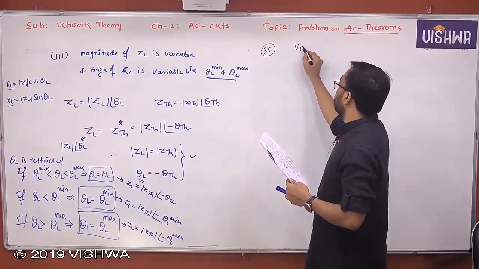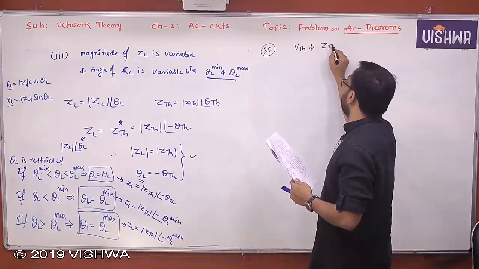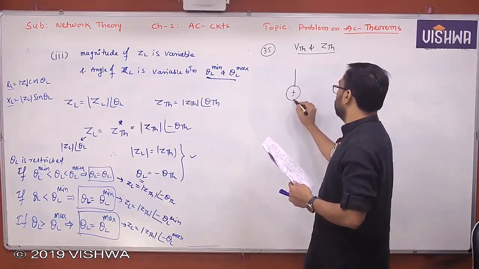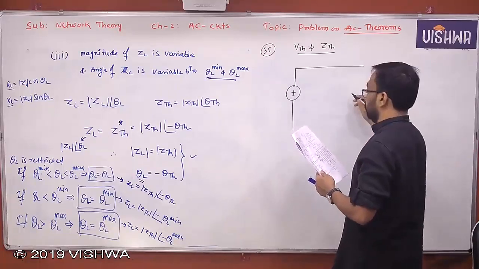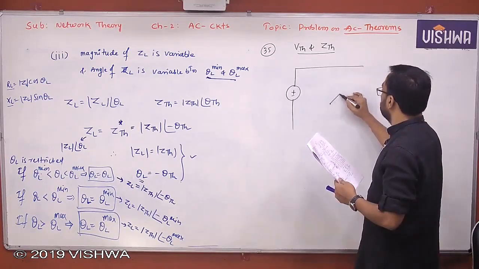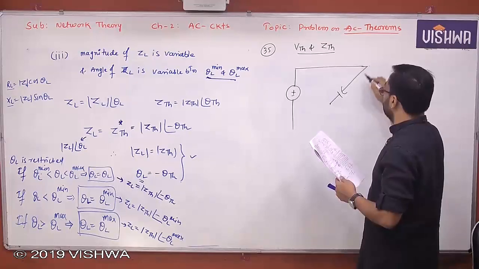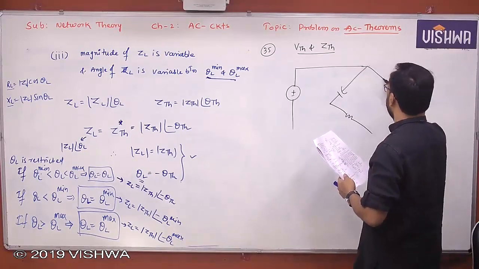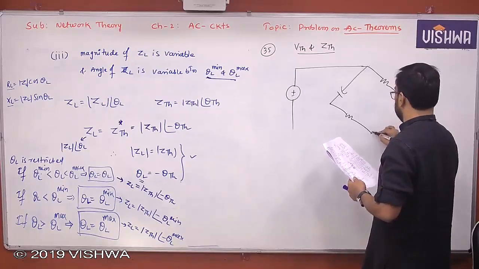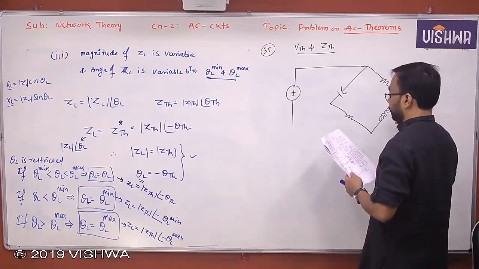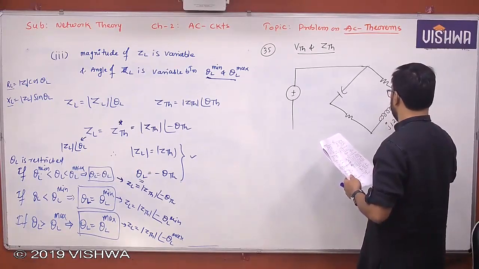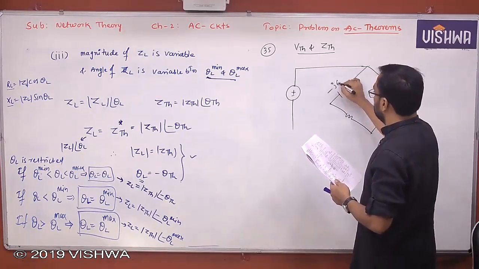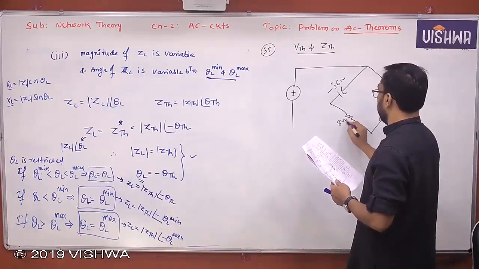Find VTH and ZTH values. J12 ohm, 4 ohm, minus J6 ohm, 8 ohm.